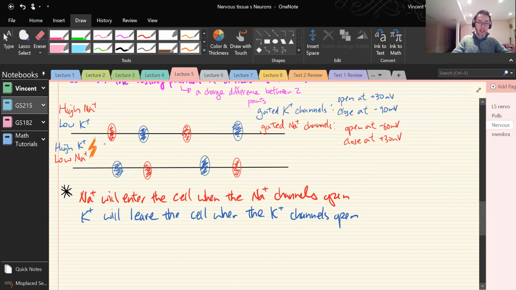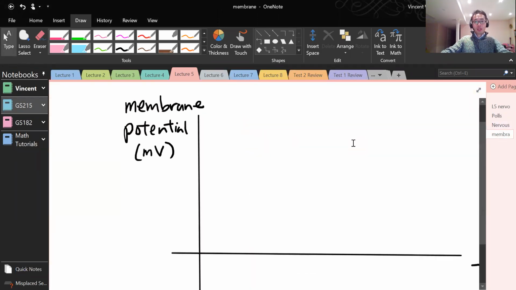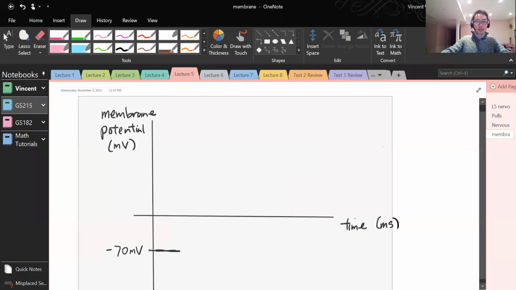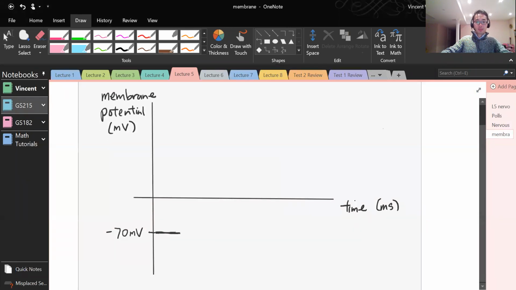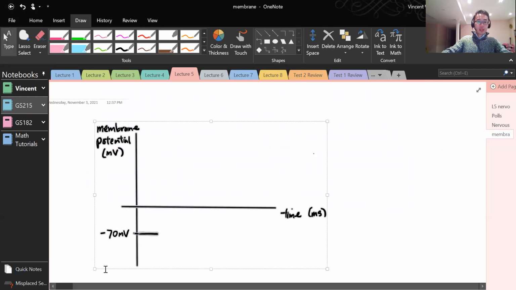It will be represented by this lightning bolt, and that trigger is going to push the membrane potential a little bit higher. If we go back to our drawing here, which is really big, let me just make it a little bit smaller. What's going to happen is there is going to be the stimulus, the lightning bolt.